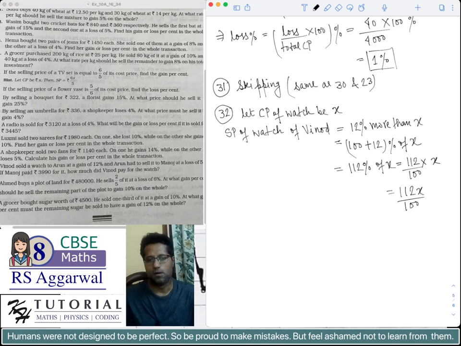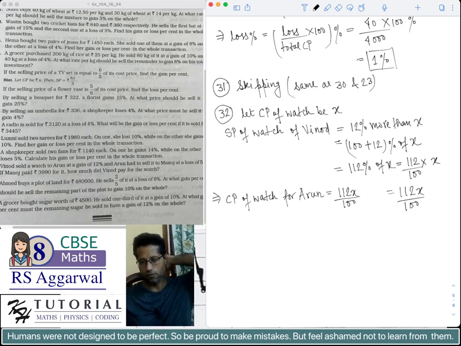So this implies cost price of watch for Arun is also equal to 112x by 100. Since the watch was sold by Vinod to Arun, so definitely the selling price of the watch of Vinod to Arun should be equal to the purchase price or the cost price of the watch for Arun. Okay. So for Arun, the cost price of the watch is 112x by 100.